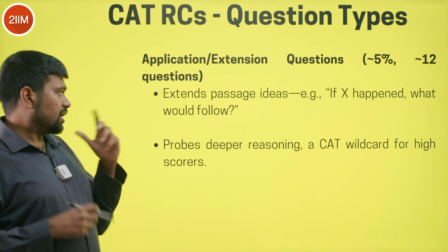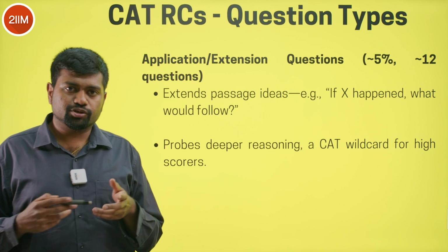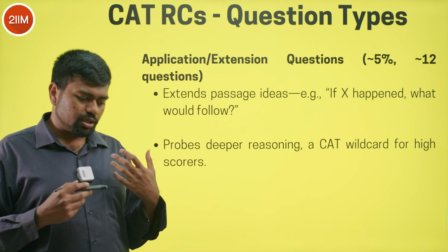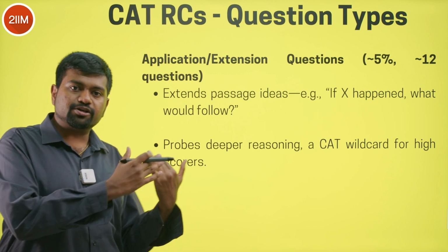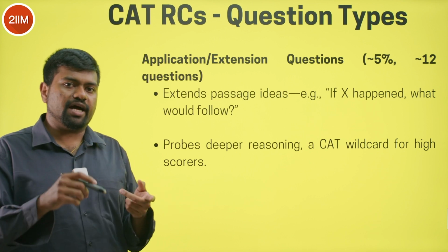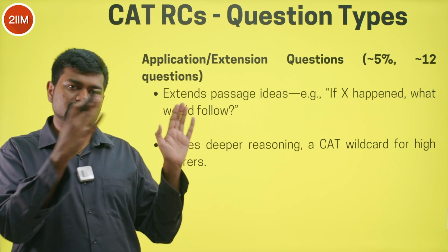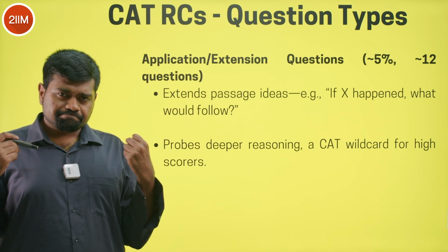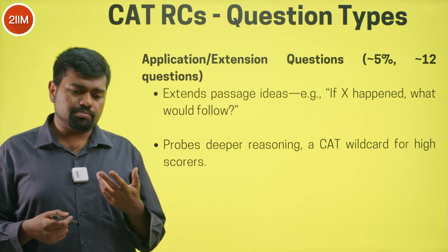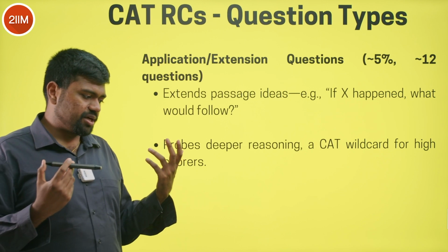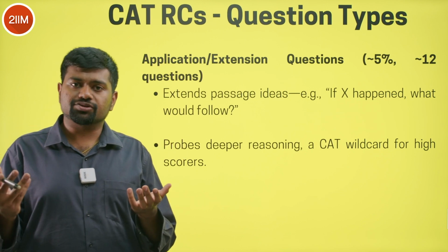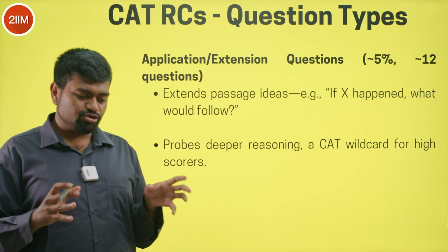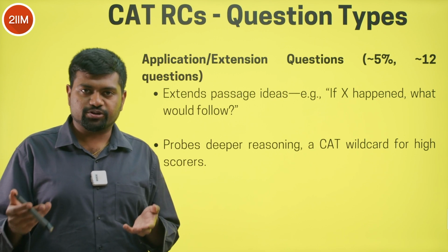Now, an example of an application extension question could be scenarios which have nothing to do with the passage, but have an underlying theme which mirrors that which was discussed in the passage. So the passage could be about how Australia came about as a colony.